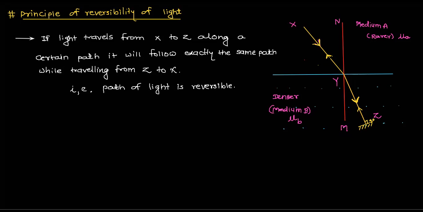Yes or not? So going X, Y, Z and coming back Z, Y, X in the same path. That is what the reversible path of light is. Is that clear? Understood?